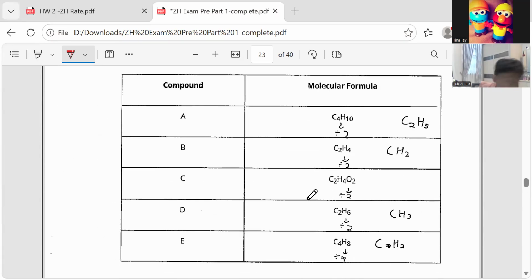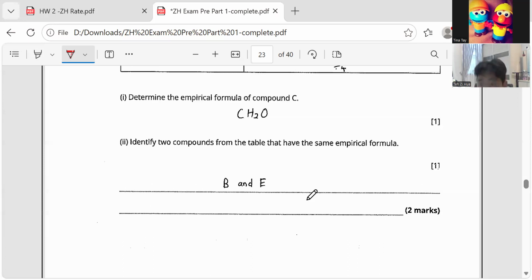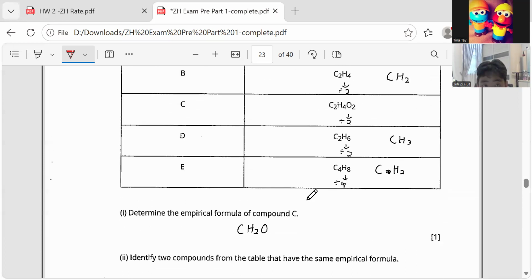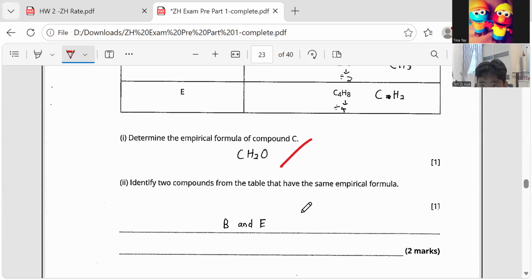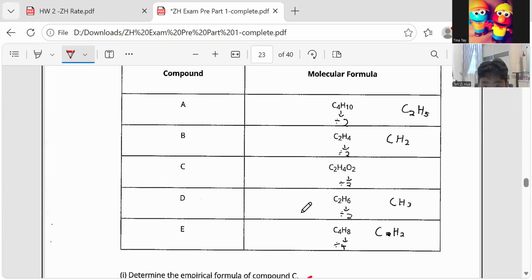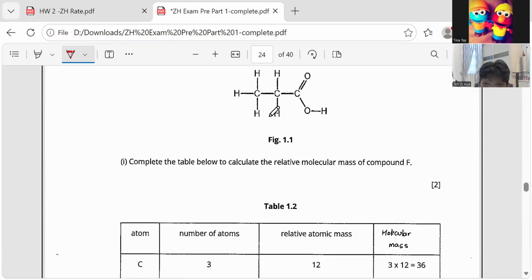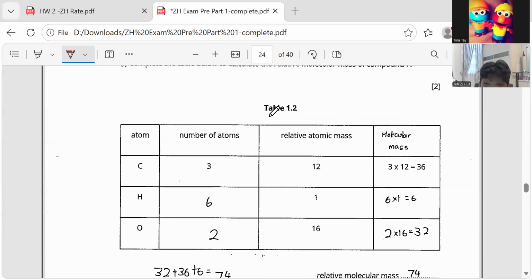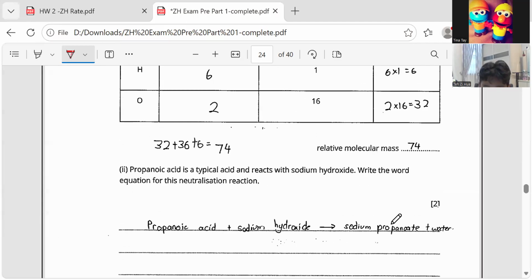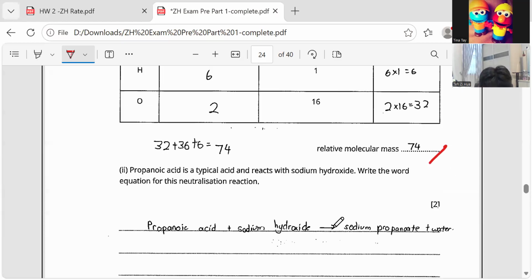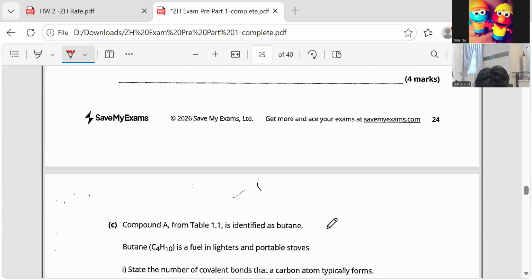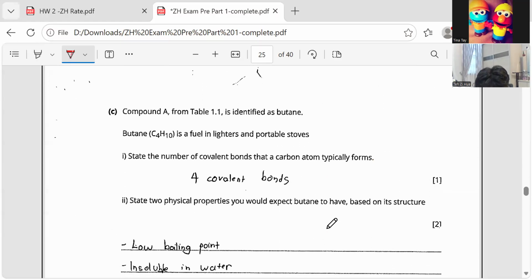All right. A, compound C. That's correct. For covalent.